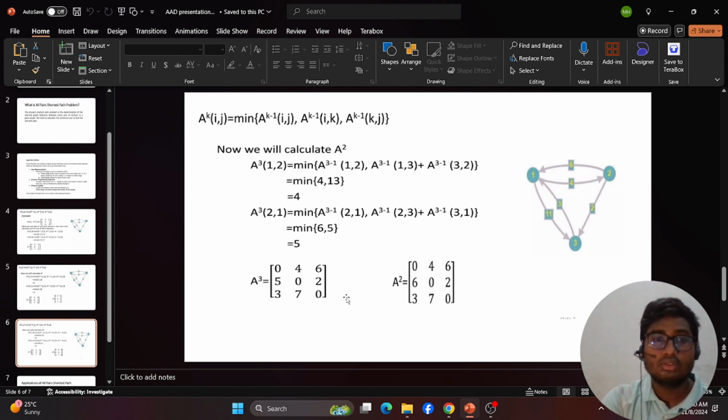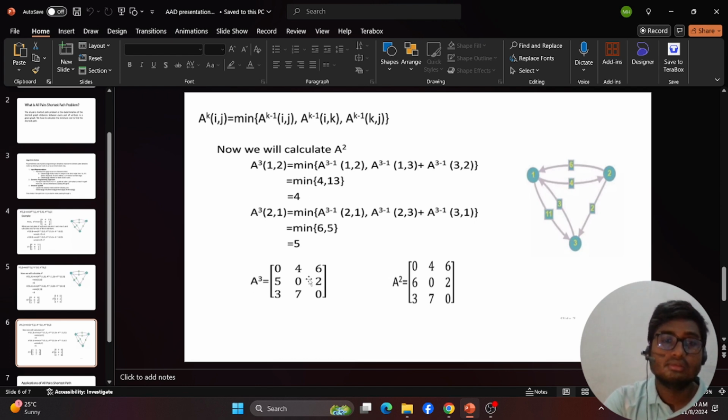Now we calculate the A3 matrix 1 2 and 2 1 values by using this formula. After calculating, we see that the minimum value of 1 2 is 4 and the 2 1 value is 5. So we put the values in the A3 matrix.